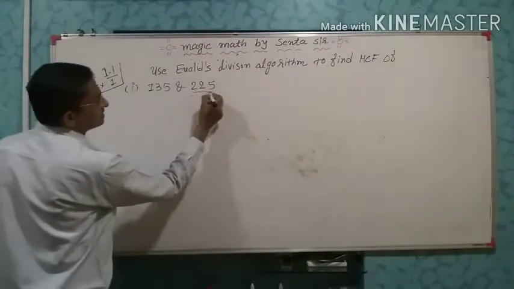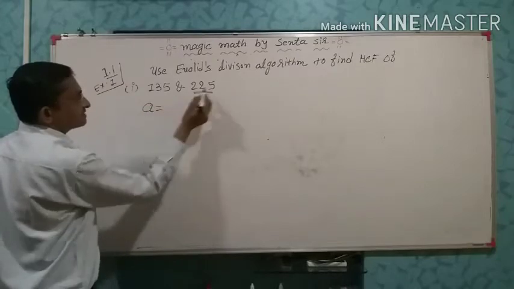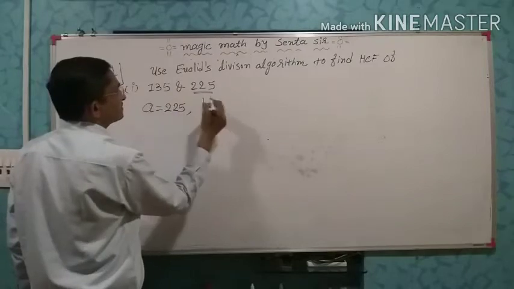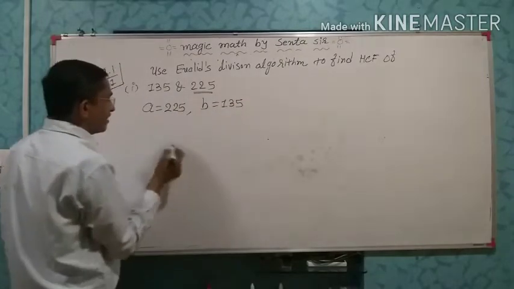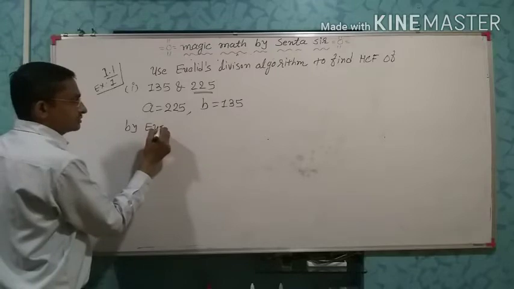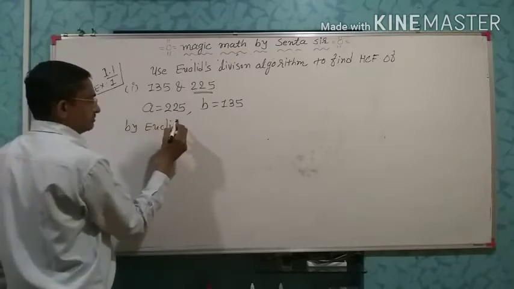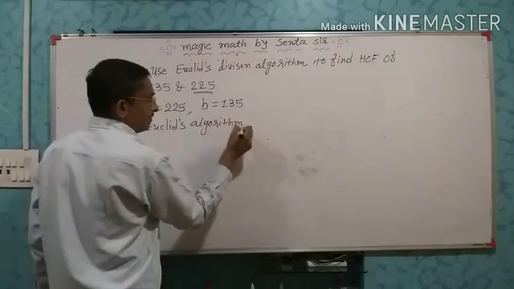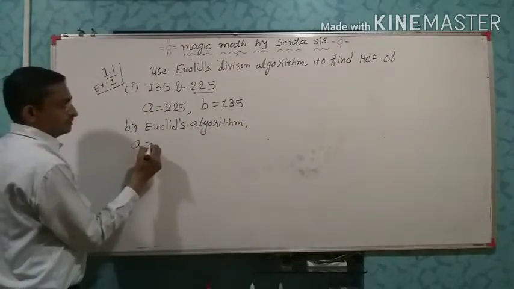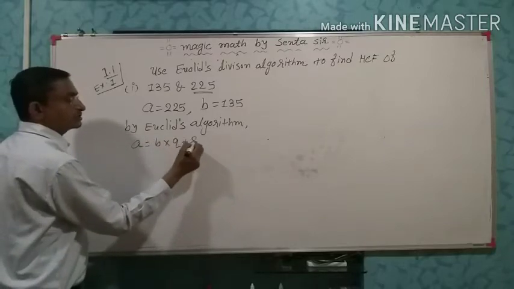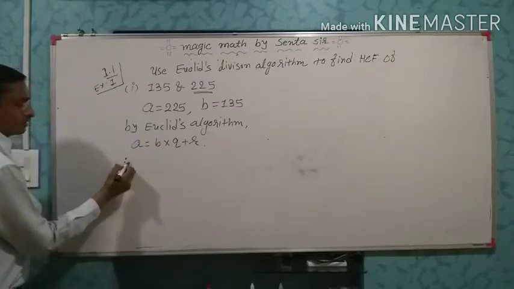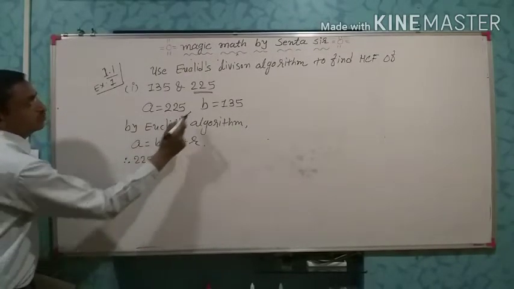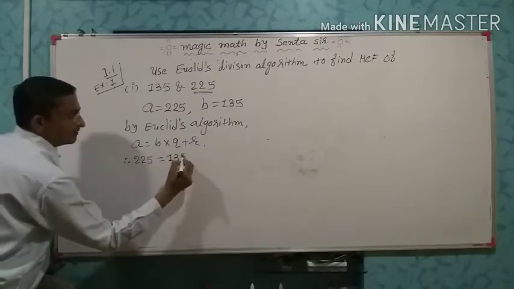Friends, the large number is this. We take the large number as A, therefore A is equal to 225, and the small number as B, therefore B is equal to 135. By Euclid's algorithm, A is equal to B into Q plus R. Therefore, A means 225 is equal to B means 135.